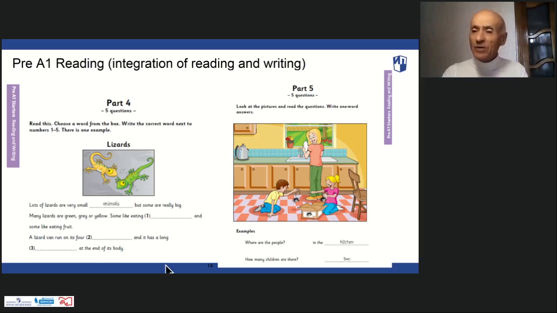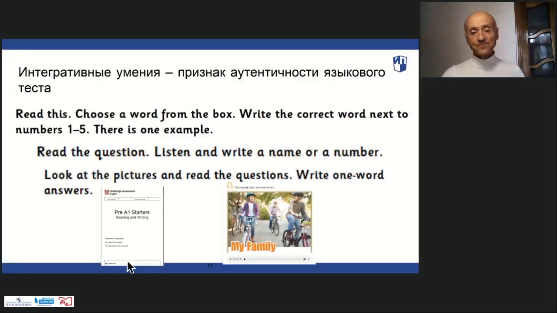That's a very important skill because some of them have a tendency to give more than 1 word, which is a mistake from the point of the exam format. 1-word answer means 1-word answer. This is an important learning skill to follow the instruction. This is an indication of discipline.